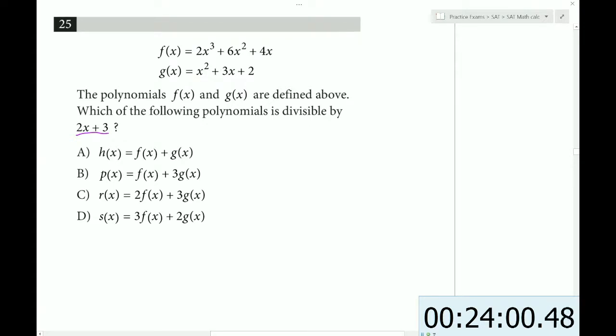So, okay, so it looks like I can factor out a 2 and an x, and then I'll be left with x squared plus 3x plus 2. Aha. So notice that that matches up with g of x, right? So I could rewrite this as 2x times g of x.